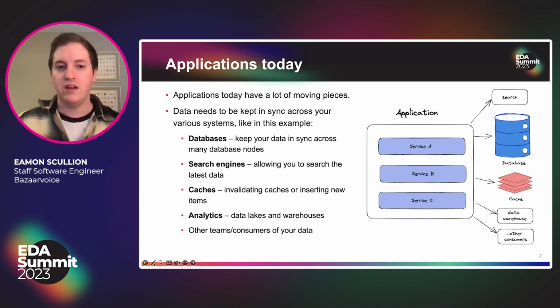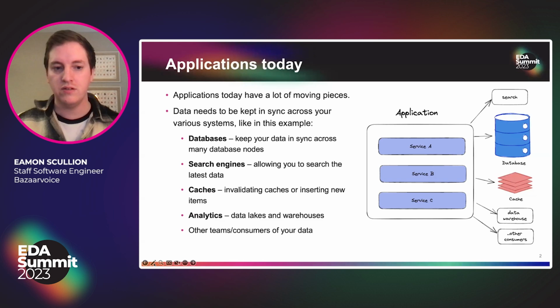So applications today have a lot of moving pieces. Data needs to be kept in sync across your various systems. In this example, we have things like databases where you might not just have one node, you might need to sync data across many database nodes. It might be search engines where it allows you to search over the latest data with tools like Solr or Elasticsearch.